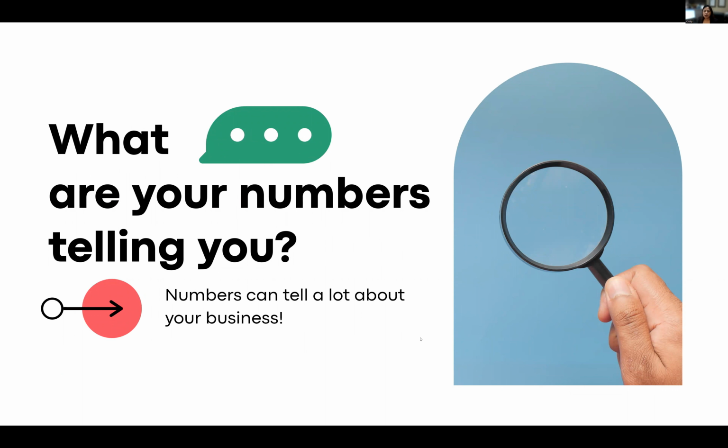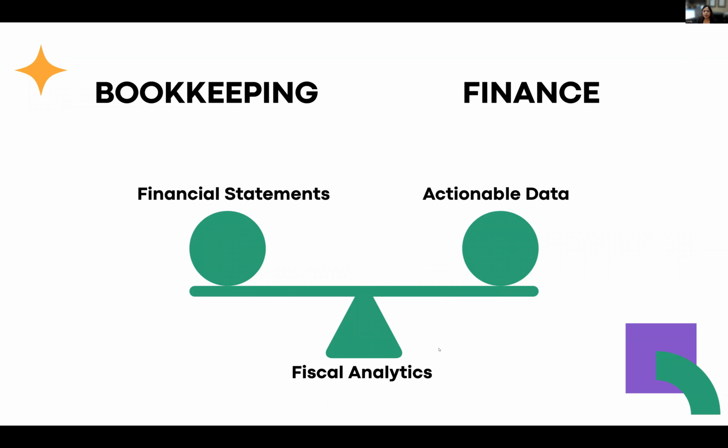So let's talk about analyzing your financial reports. What are your numbers telling you? And numbers can tell a lot about your business if you're closely looking at it and regularly reviewing your financials. So here is just really providing you the difference between bookkeeping and finance. So bookkeeping is really recording the transactions, doing all those reconciliations.